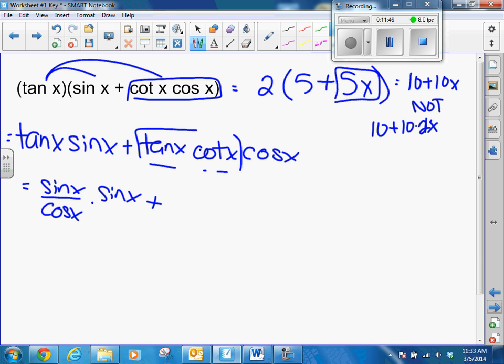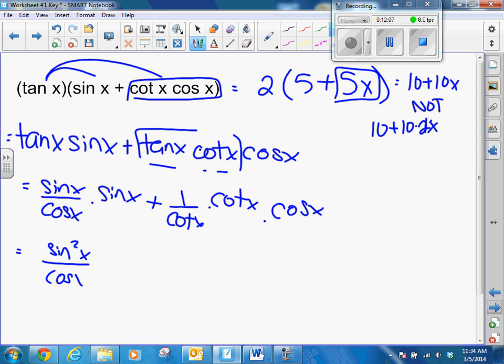I can change cotangent in terms of 1 over tangent. I don't care which way you go. You're still going to get the same thing. So I'll just change the first one into what the second one is. And then I still have times cosine. So on the left here, I get sine squared over cosine plus, what's going to happen here in the middle?